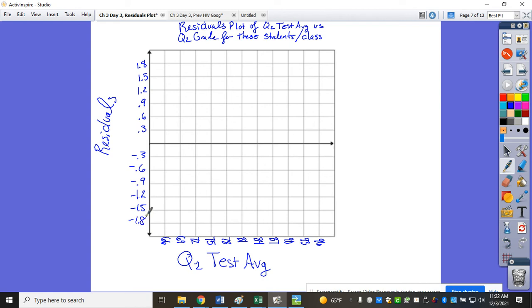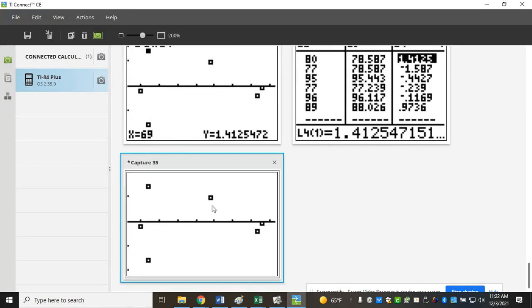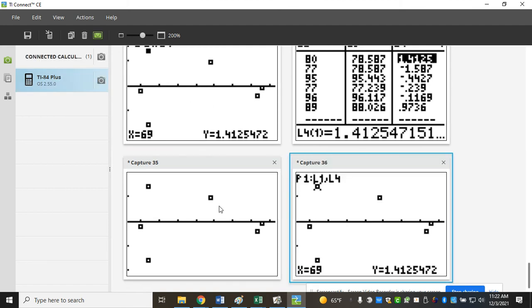So I think it is easiest at this point to be in my graph using trace when I graph this. So I'm in my scatter plot of list 1 versus list 4. When I hit trace, it's going to be highlighted on the very first number that I plugged in, which was 69, which was a residual of 1.41.